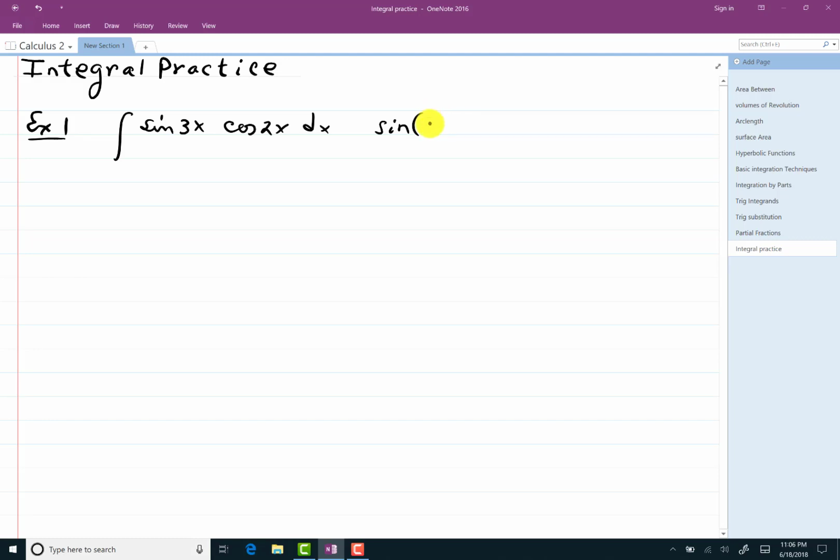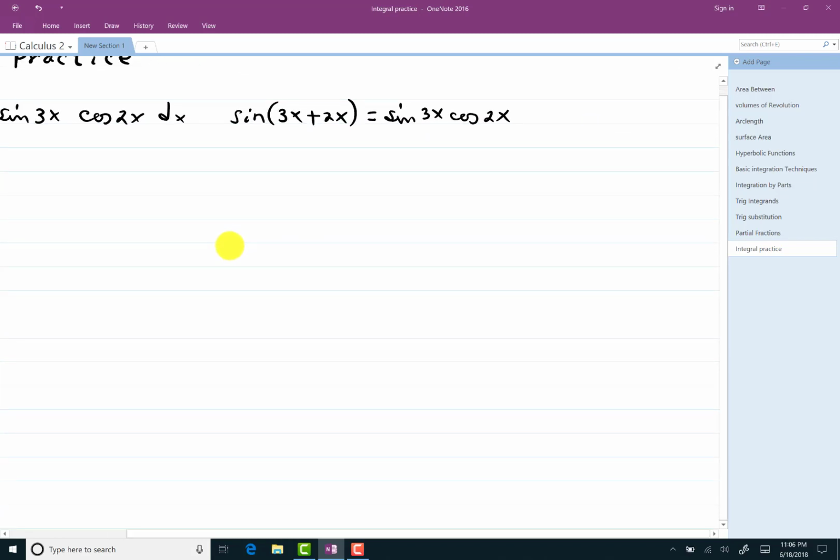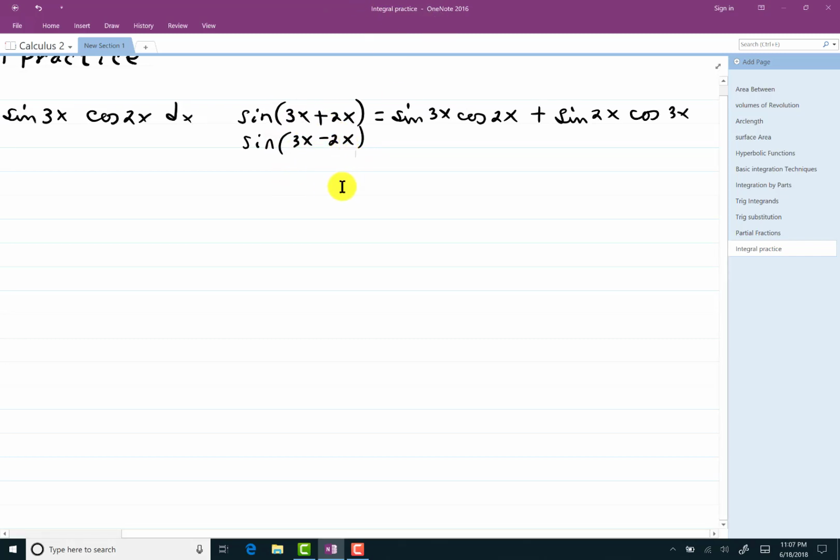So for instance, we have sine of 3x plus 2x, and the formula for that is sine of 3x cosine 2x plus sine of 2x cosine of 3x. Next we do sine of 3x minus 2x. Now I urge you, always do the bigger minus the smaller one.